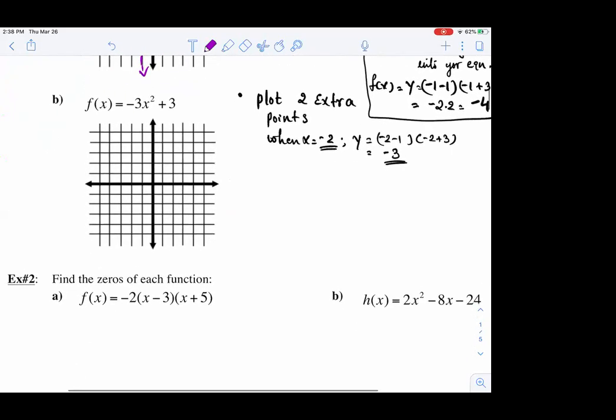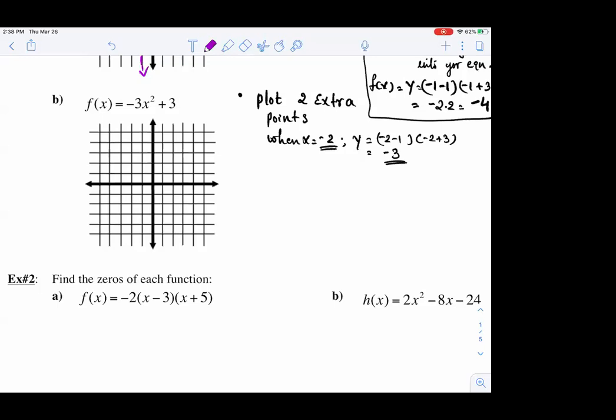f of x is equal to -3x squared plus 3. Which form is this? Standard form or vertex form or intercept form? Standard form. We're trying to put this in the intercept form, so we know what to do then.